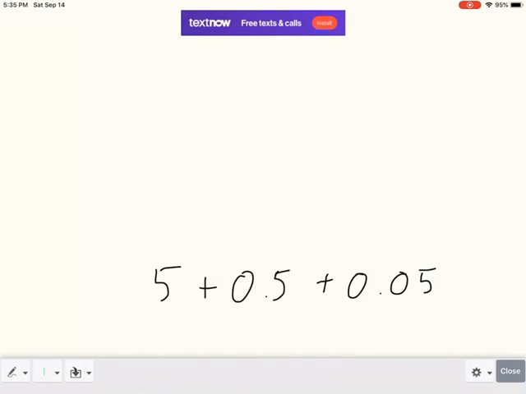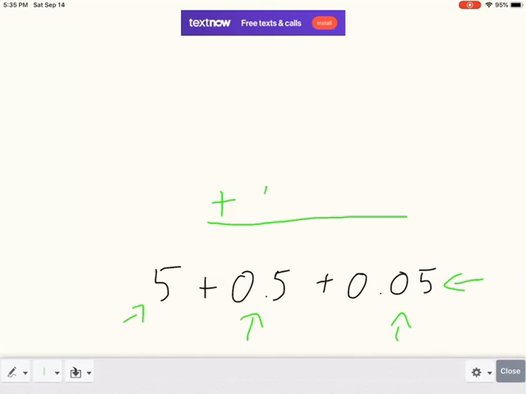Well, now this is just interesting. So you have a whole number, 5, plus 0.5, plus 0.05, right? So when we're building this problem, it's actually really easy. We'll write it out here. And we know that the most numbers that we have after the decimal point is two, right?